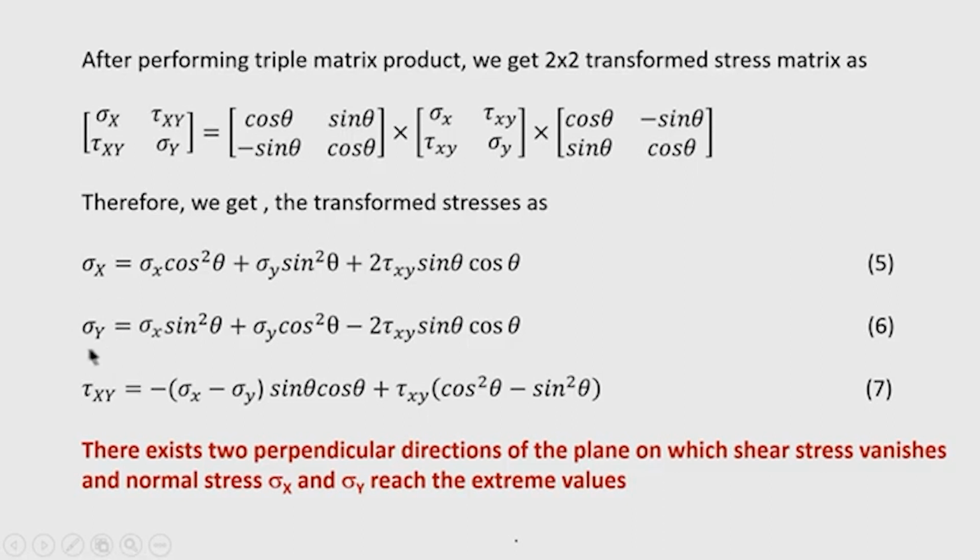Similarly, the second transformed stress, sigma capital Y, is equal to sigma x sin square theta plus sigma y cos square theta minus 2 tau x y sin theta cos theta, and tau capital X Y is minus (sigma x minus sigma y) sin theta cos theta plus tau x y into (cos square theta minus sin square theta).